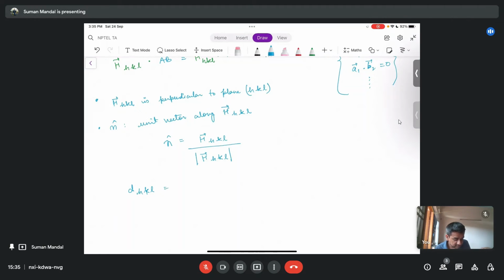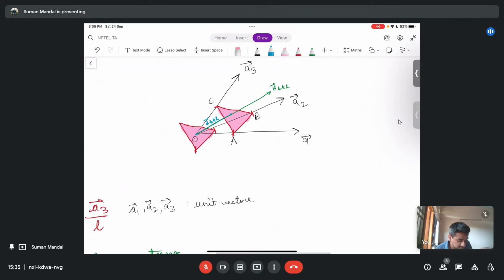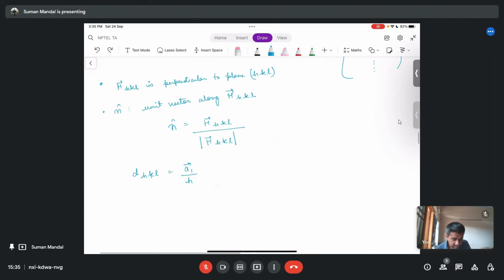So this is basically a1 by H, which is OA, and then along this direction, perpendicular to the planes, a1 by H dot the unit vector along the reciprocal lattice vector.